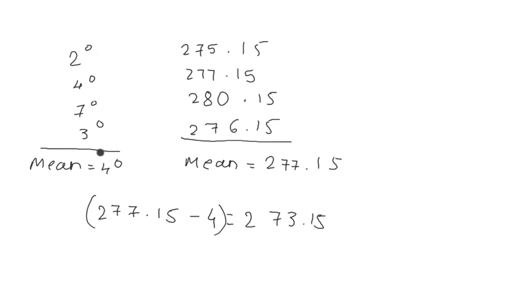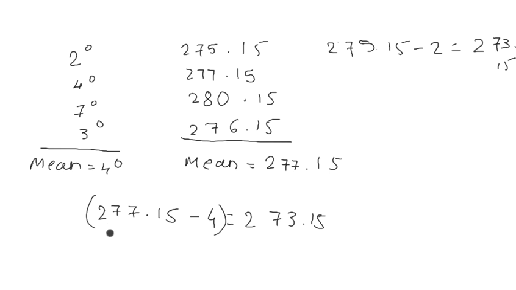Here each observation is increased by 273.15 degrees. See, 275.15 minus 2 is nothing but 273.15. Similarly, each observation is increased by 273.15.